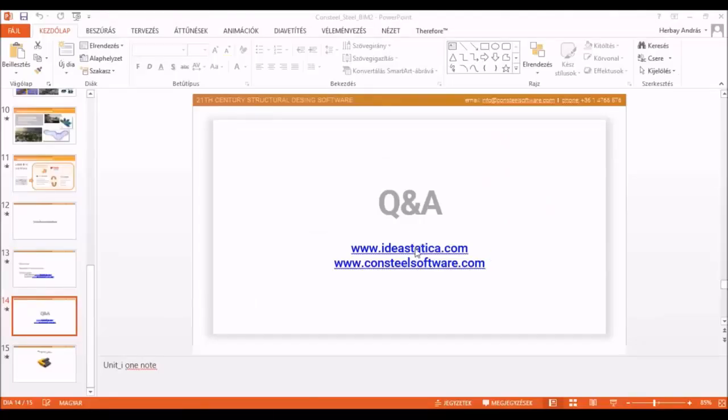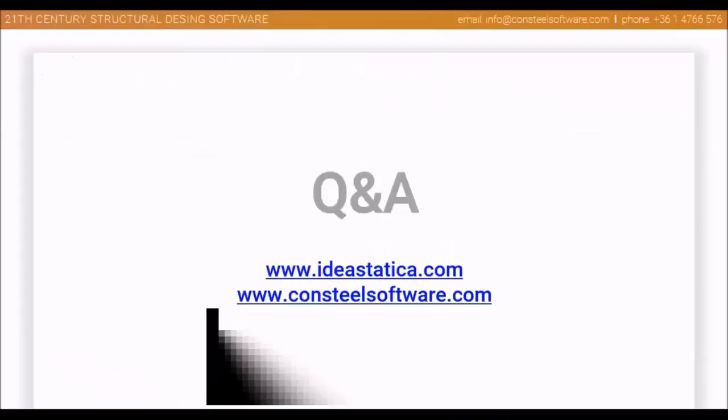Okay, we have another question about ConSteel. So, in case of global buckling analysis, is it not necessary to deal with buckling lengths and other factors? Roland, can you get it? Yes, I don't think I'm a presenter, but it's not a problem.